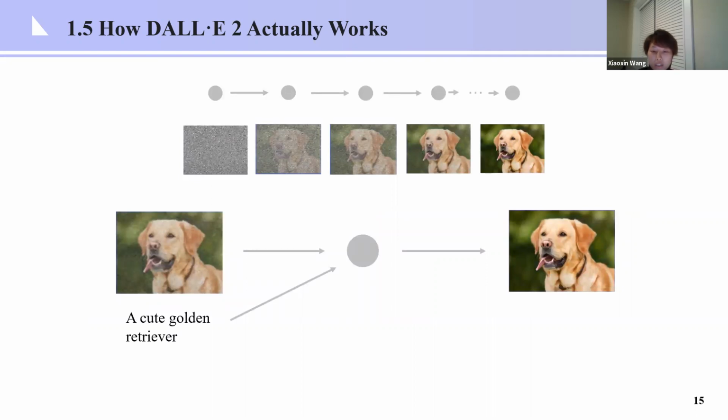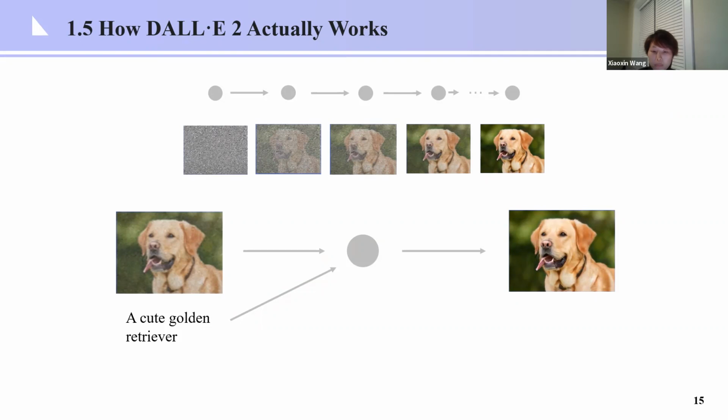In DALL-E 2, the decoder is also a diffusion model, but it is an adjusted one. As the decoder, the researchers are using another model that was created by OpenAI called GLIDE. GLIDE itself is an image generation model, but different from the pure diffusion model.